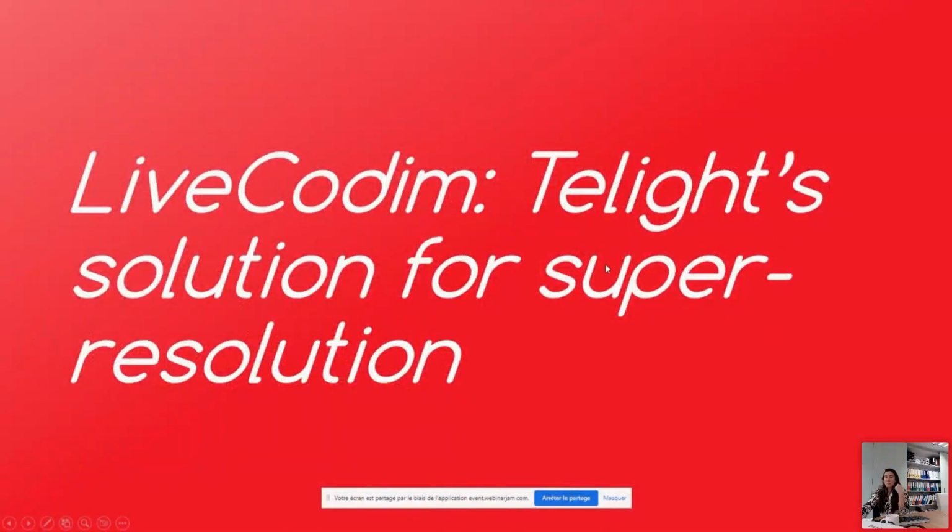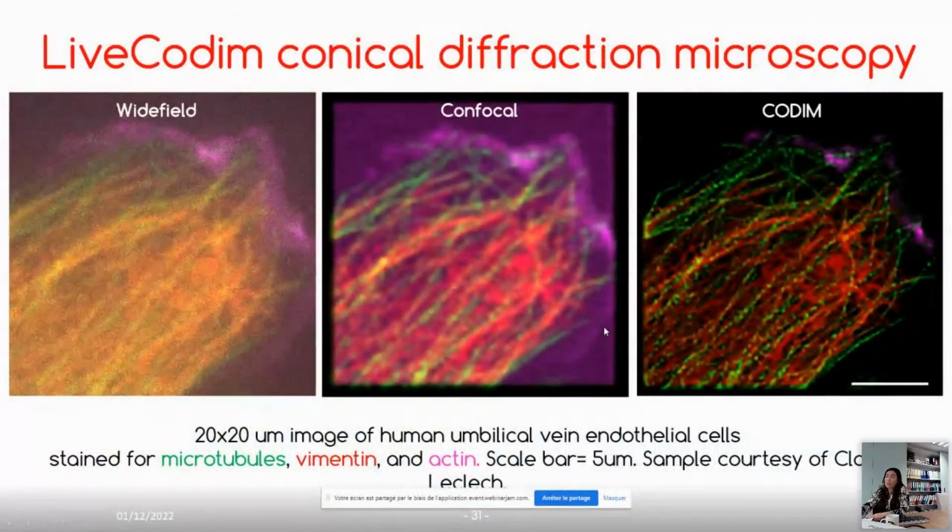To wrap things up, keeping in mind all the things that we can see, I'm going to show you a bit about what we can achieve with not just STORM or SIM, but this unique technology that T-Light offers with conical diffraction microscopy.